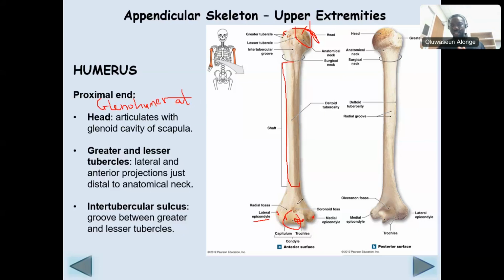So looking at this bone alone, you can mostly tell which side of the body it is on. That means this is the left humerus. You see the head is going to fit into the glenoid cavity. This is the medial side, so the medial epicondyle is here, the lateral epicondyle is here, and that is the left humerus.